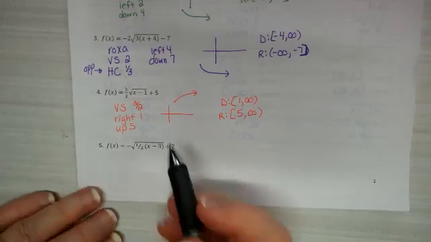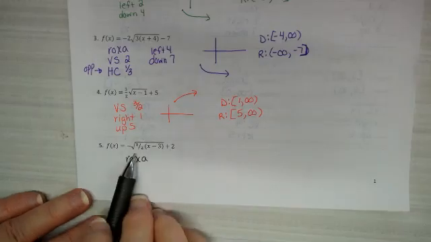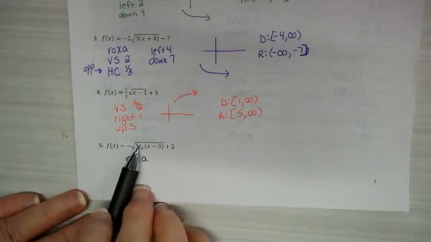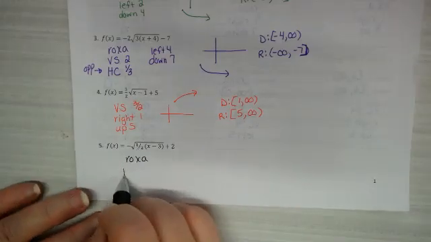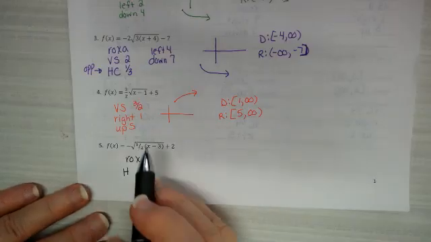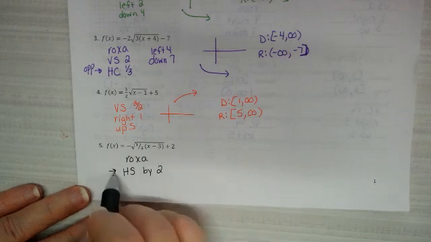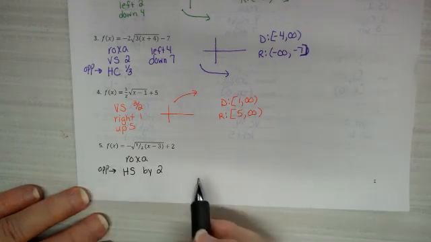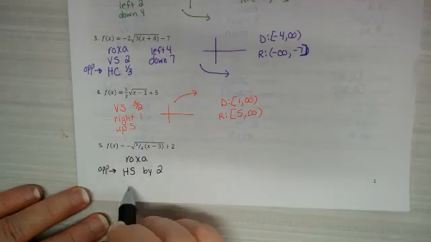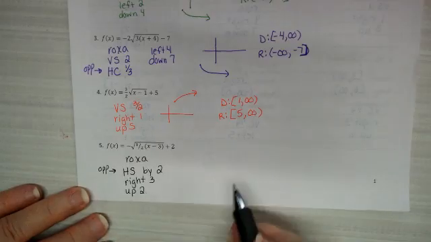Number 5. I've got my reflection over the x-axis. Now this 1/2, that's a b value. So it's horizontal, and it's opposite of what you think. It's going to be a stretch by 2. Remember, opposite, the horizontal. X minus 3 goes to the right 3, and then plus 2 goes up 2.